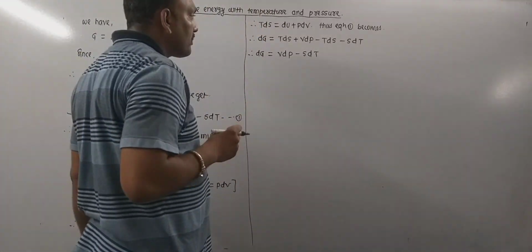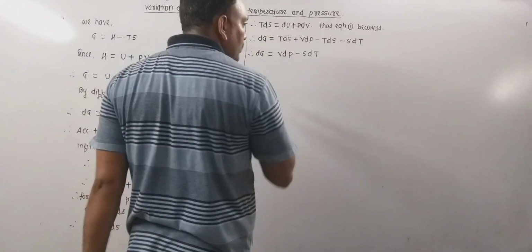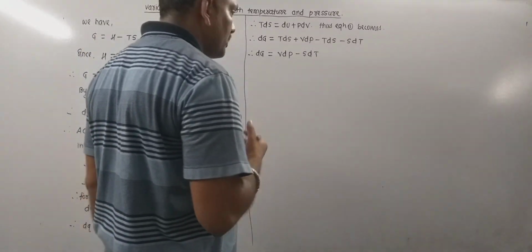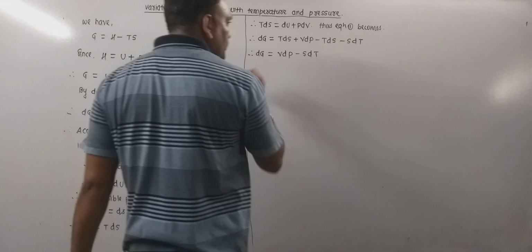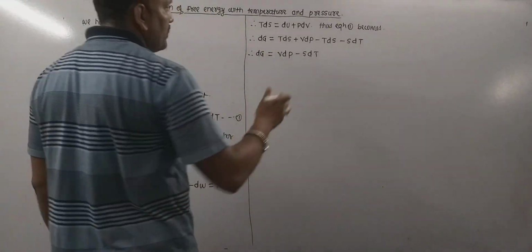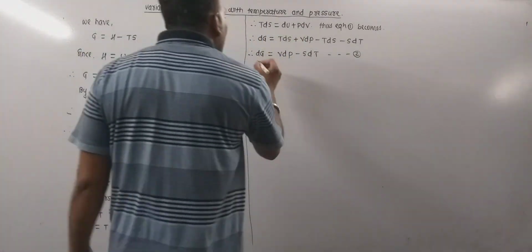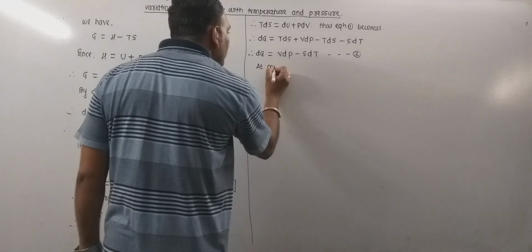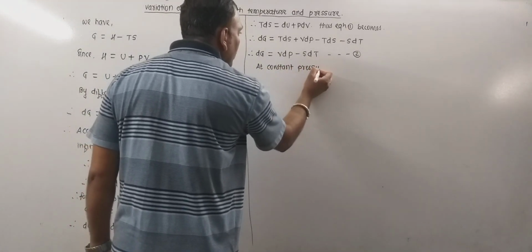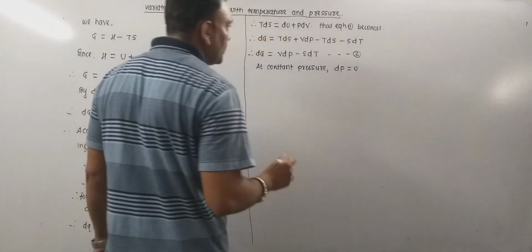Now at constant pressure, what happens? dP becomes 0, I mean change in pressure is 0 at constant pressure. Now this equation is supposed to be 2. So at constant pressure, dP is equal to 0.